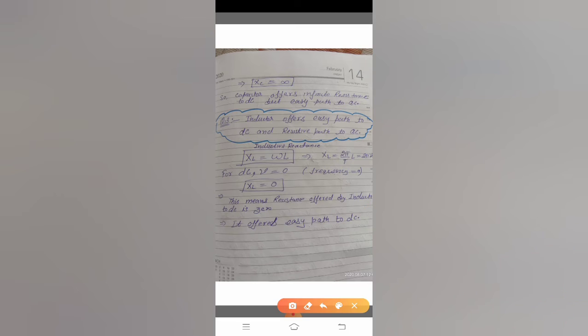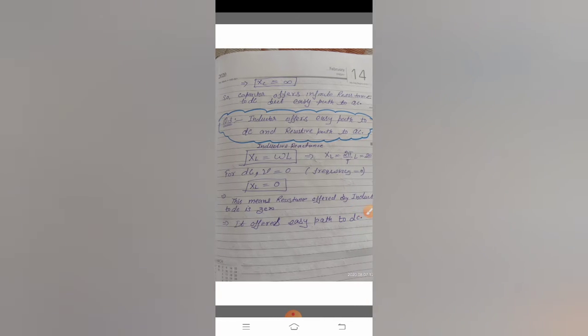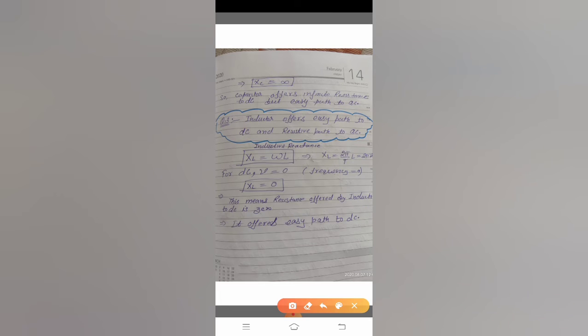Once again, the resistance offered by capacitor for DC is infinite, very large opposition, meaning it is not allowing the DC to pass through it. That's why we can say that capacitor blocks DC. And oppositely you can write that it offers easy path to AC.